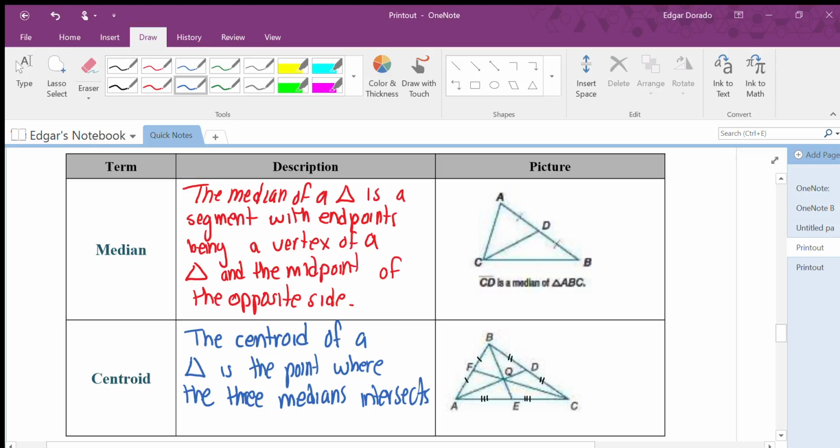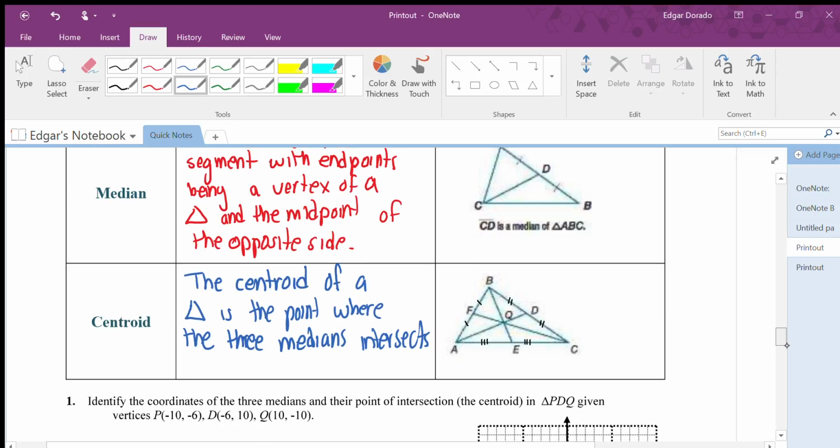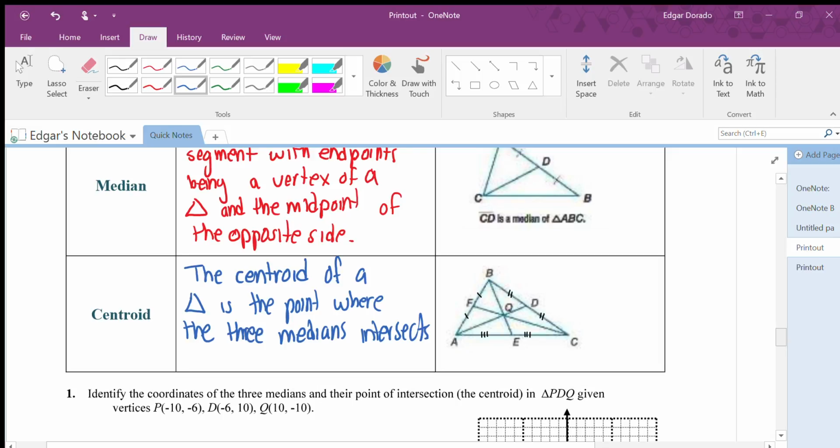Any triangle has three vertices, meaning that it can have three medians. Once I draw all three of those medians, for example here, AD, BE, and FC, I can find my centroid Q, which is right there, at the intersection of all three of those medians.